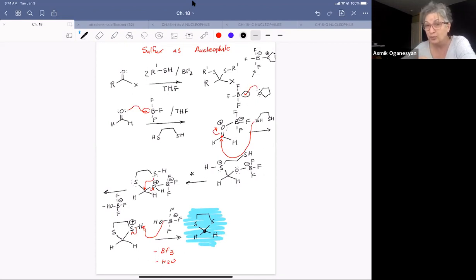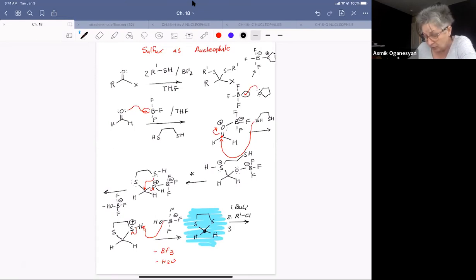So I can continue with this reaction. If you go back to synthesis of ketones and aldehydes, you can see that you can proceed with this reaction. It's not a continuation of this mechanism, but if we proceed with this, add butyllithium in the first step. In the second step, add alkyl halide.